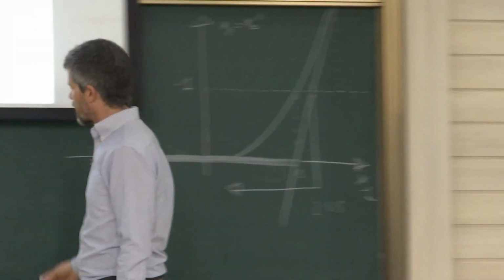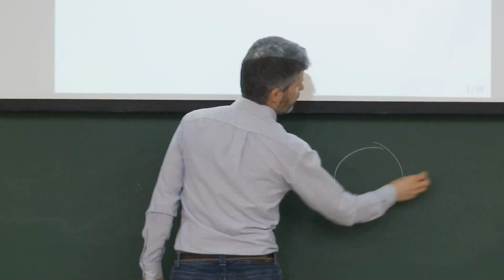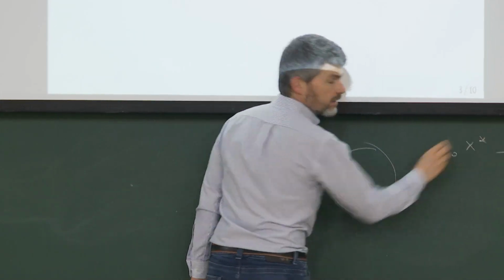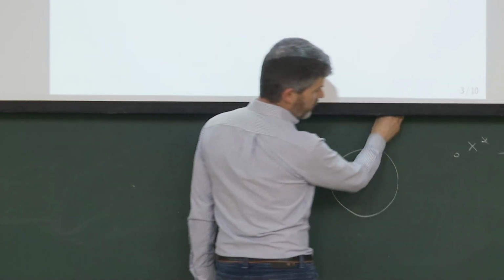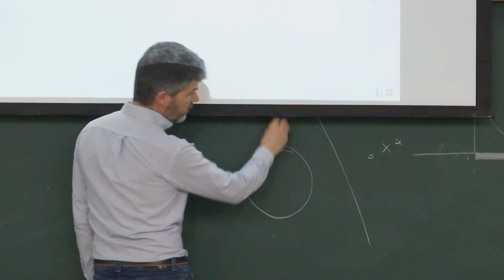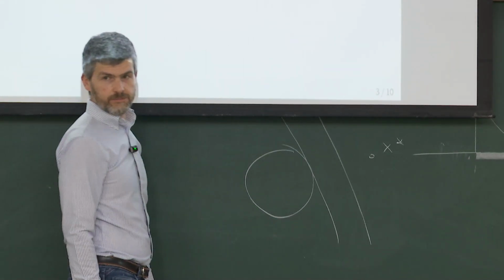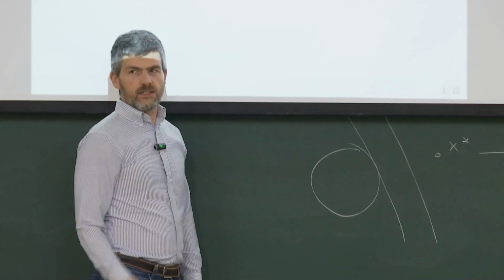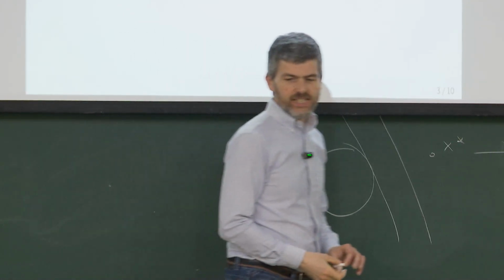So in general, if you take any convex set like this and your x star is somewhere here, the outer approximation cut is going to look like this. You wish it was tangent like this, but it's not. Almost all the time. There are cases in which it doesn't happen.